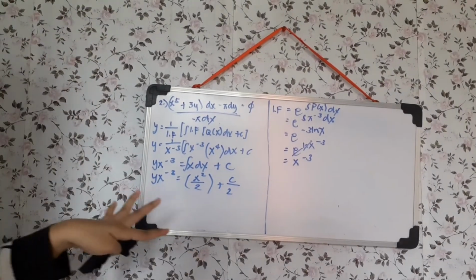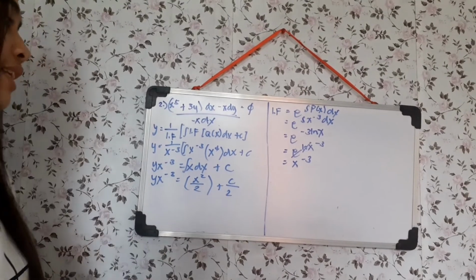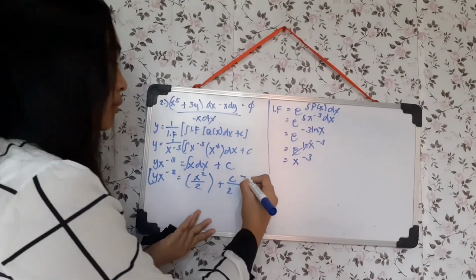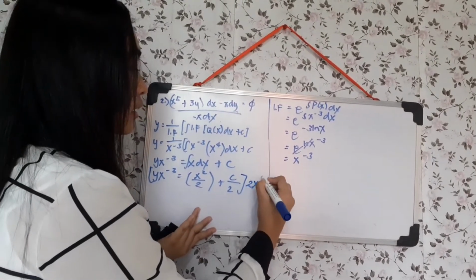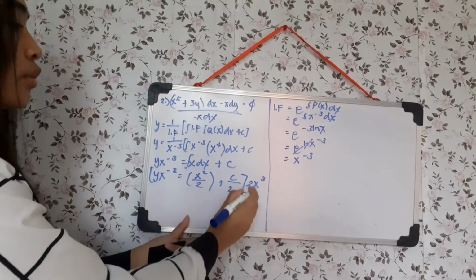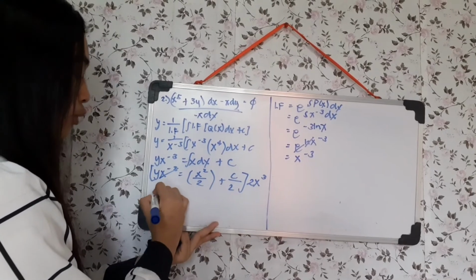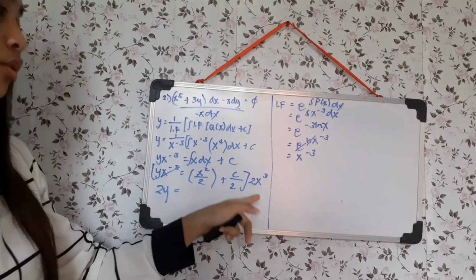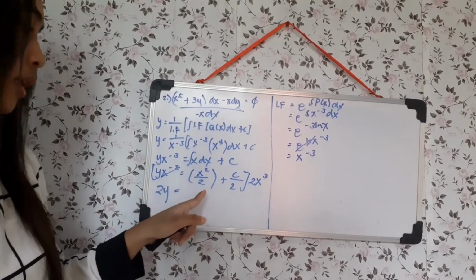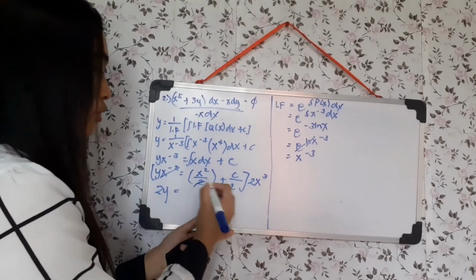Now, to have cancellation, we need to multiply it by 2x cubed. So 2x cubed times y x to the negative 3 cancel. So we have 2y equals 2x cubed times x squared over 2, so cancel.